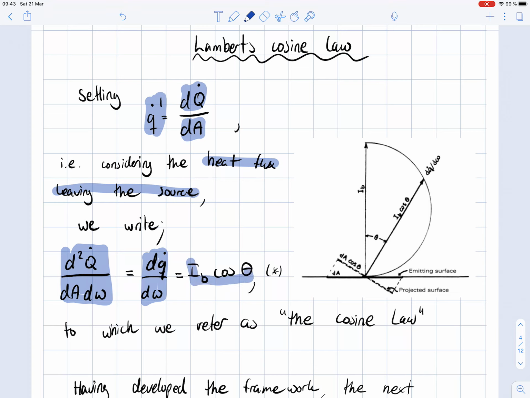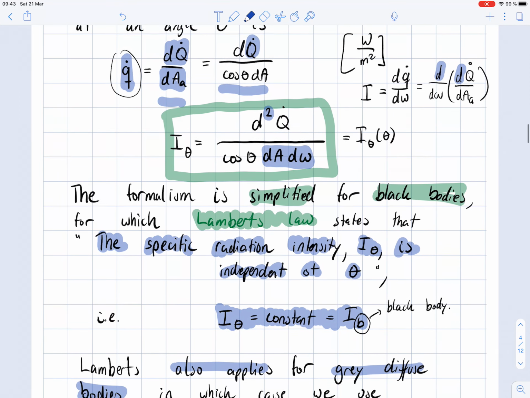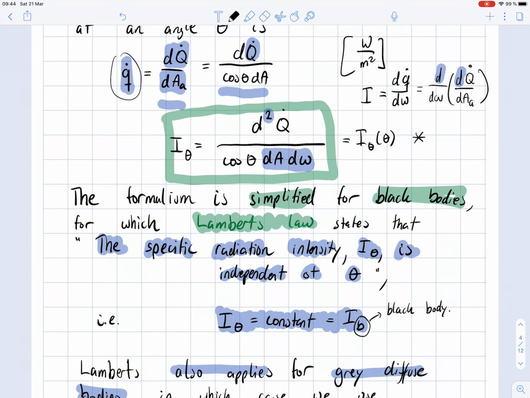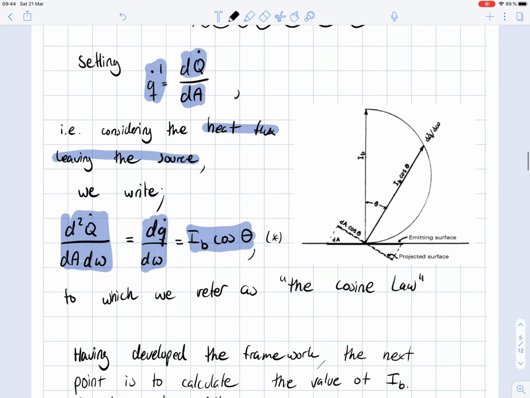And that equals to the intensity multiplied by cosine theta. So this essentially also follows from the definition that we had here, just multiplying cosine theta up to the right-hand side. And this is, of course, then for a black body for which IB is constant.